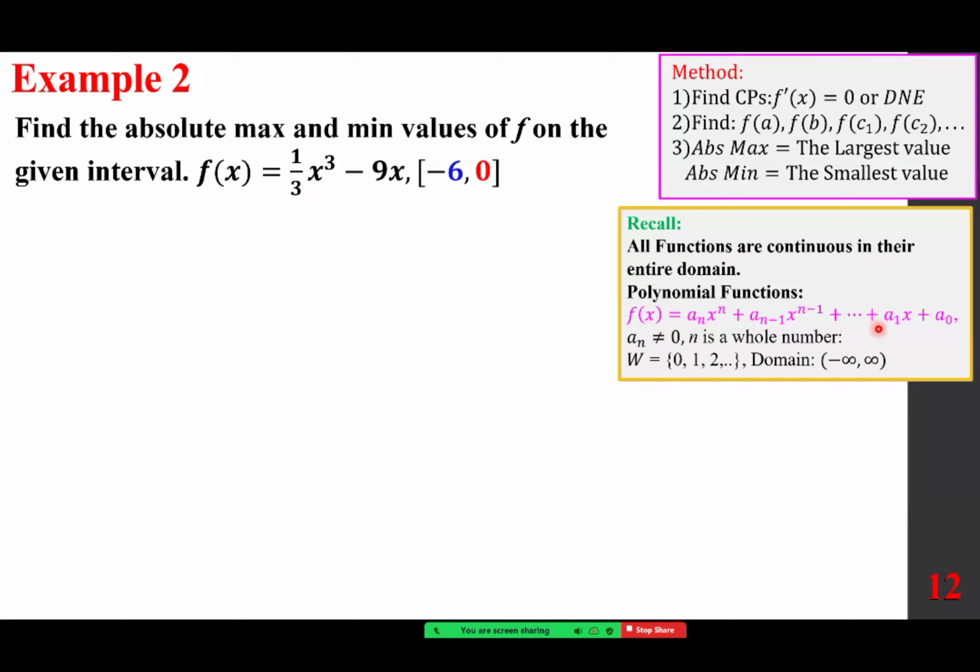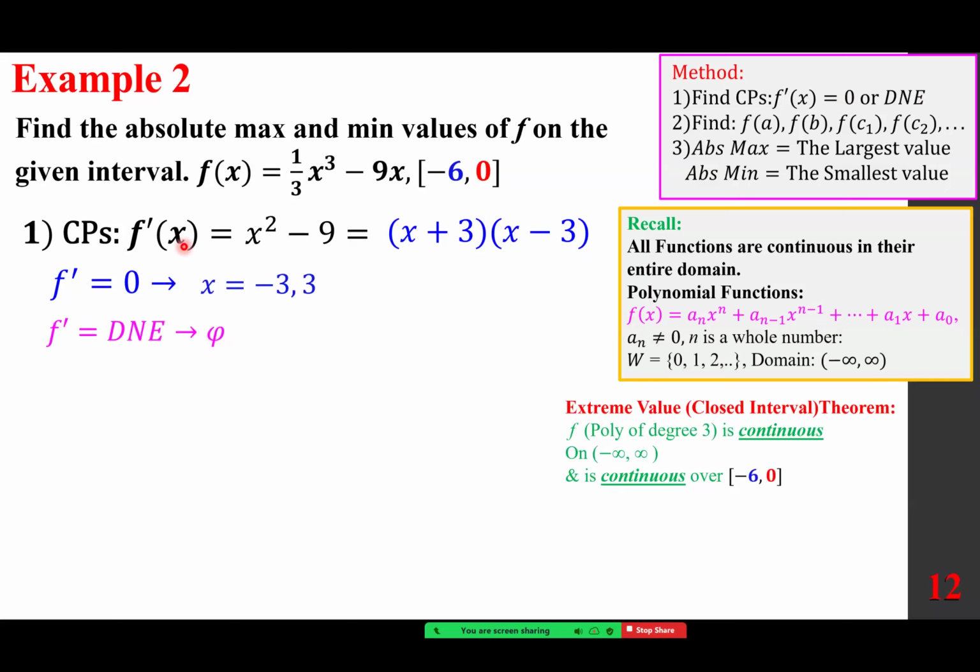The second one, f prime does not exist, doesn't produce any solution. This is phi, a Greek letter that represents an empty set. And the reason it's an empty set is that f prime itself is a polynomial, more specifically a polynomial of degree 2. So f prime always exists.